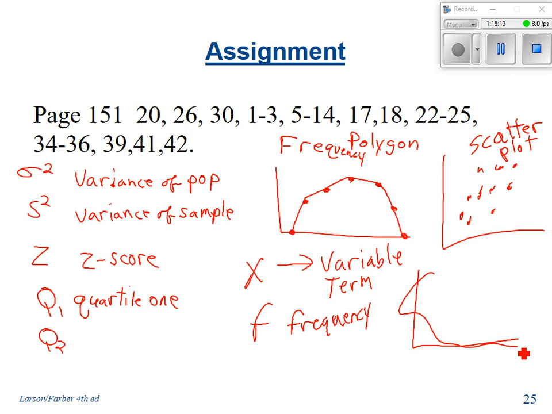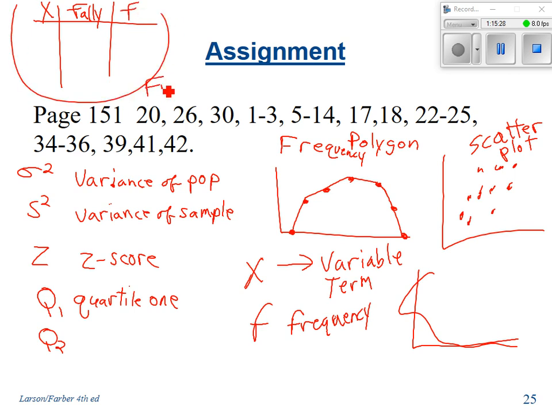You don't need to know all the parts. I mean, yeah, you probably do, but let's do this. That says tally, frequency. This whole thing is called a what? Frequency distribution. Frequency distribution chart.